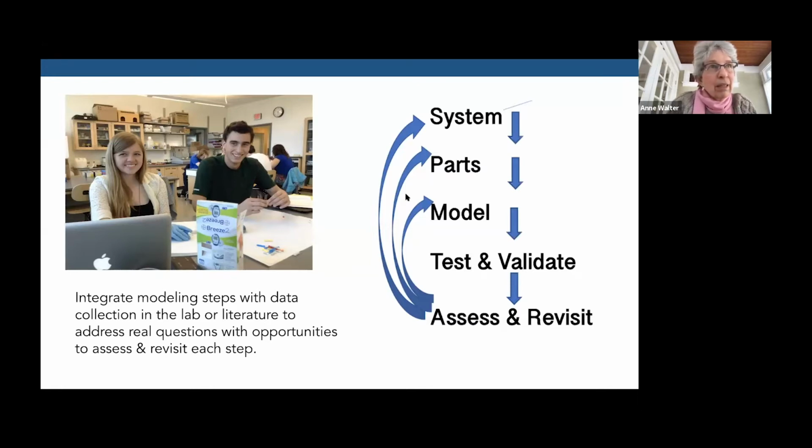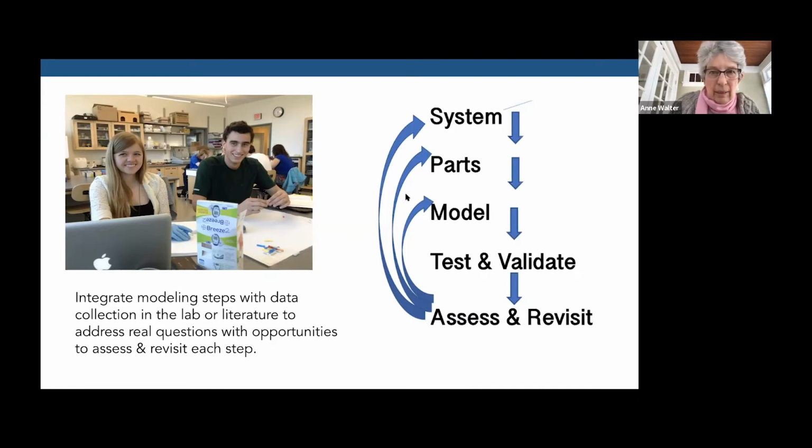So like all of you, I'm sure know well, describing the system, being very clear about putting it into small bits, the parts, then writing a mathematical description of the system, using data to test and validate, and then of course to sit back and look at this and decide whether or not the model has anything to do with the reality that you're looking at is really important.